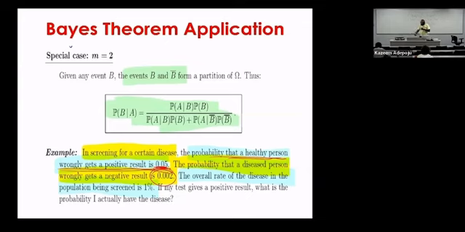Don't forget, when I'm talking about the probability of an event, it's just that event divided by the sample space. The sample space also includes the event. Does that make sense?